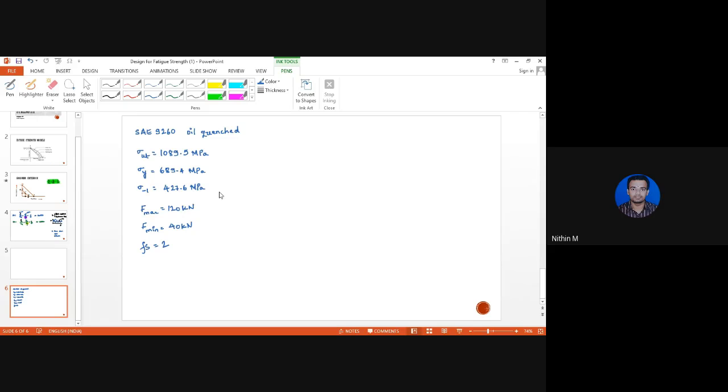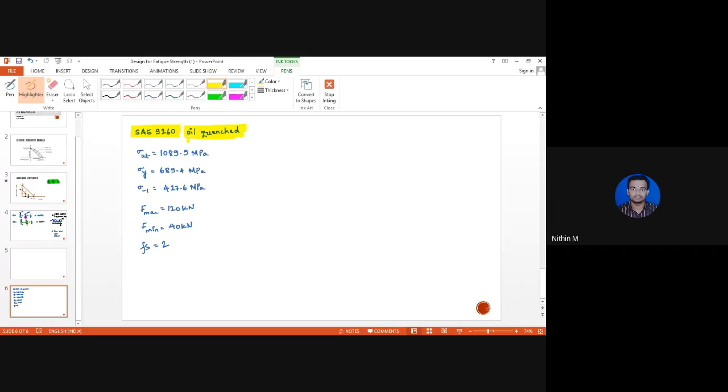Right. Okay. So how do we solve this problem? What is important? The first thing that you need to observe is the material that is given. The material is specified to be 9260 oil quench. Now, what can you infer from this?